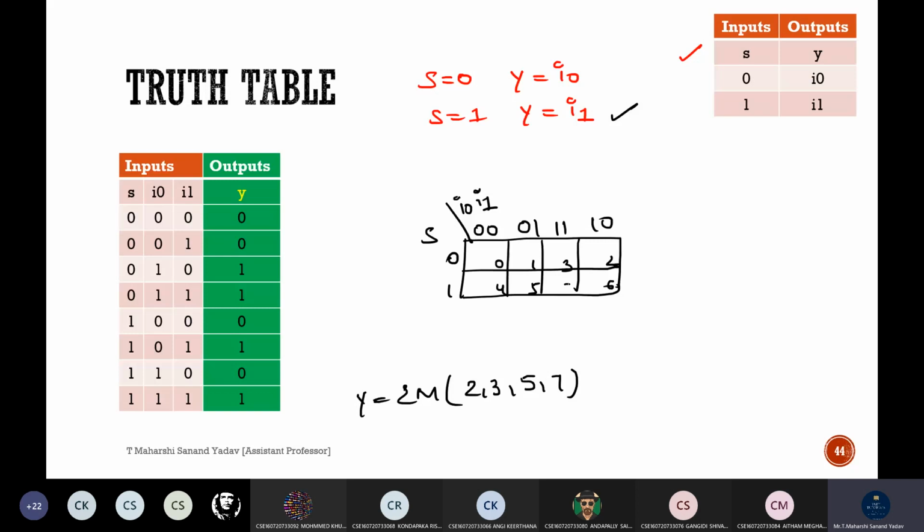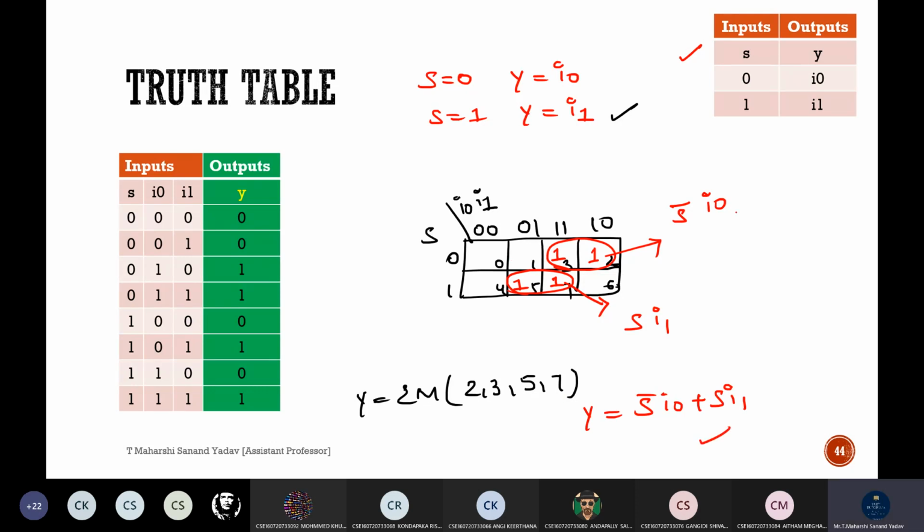How many quads, how many octets, and how many pairs? Only 2 pairs are possible. What is the answer for this? S bar I naught, and S I1. So finally output will be S bar I naught plus S I1.